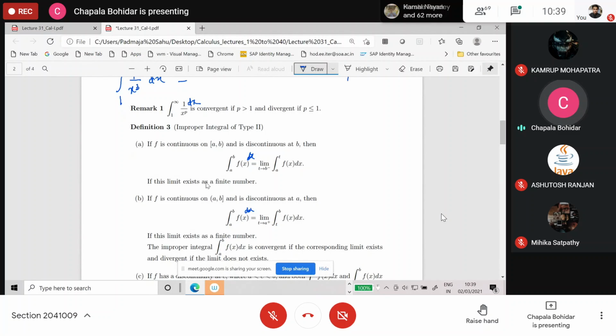If this limit exists and is a finite number, the improper integral a to b f(x) dx is convergent, if the corresponding limit exists, and divergent if the limit does not exist.